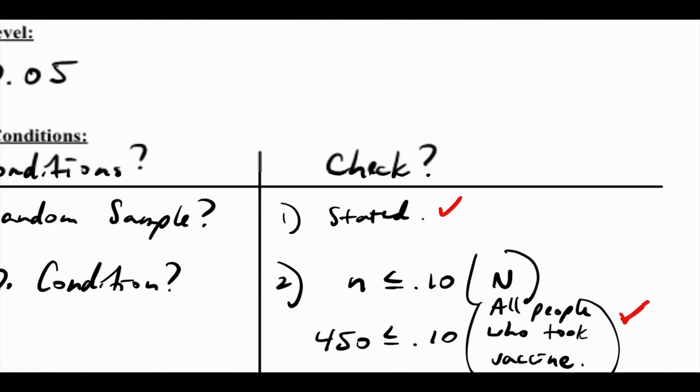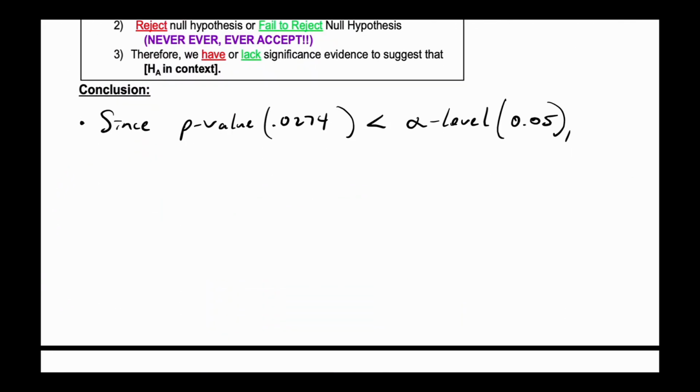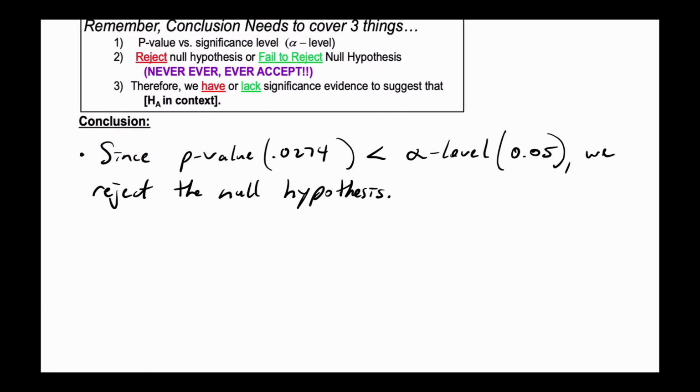Okay. We reject the null hypothesis. Since we reject, we have significant evidence. I usually do two sentences.